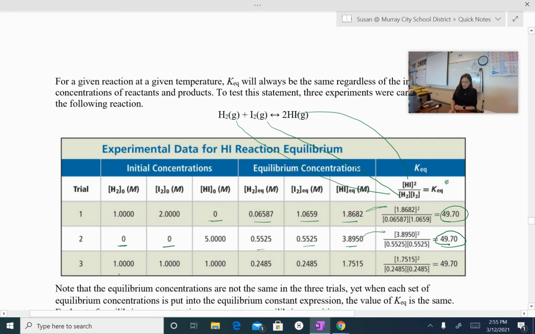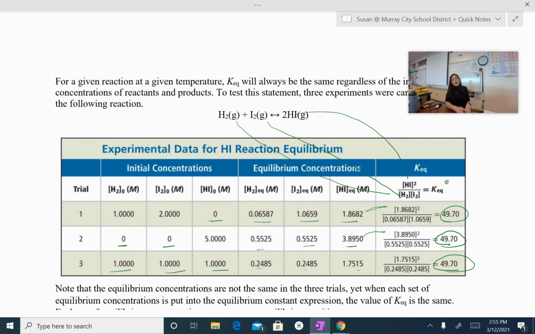And then here we start off with 1 mole of each per liter. We let it get to equilibrium, and once again, we come up with the same equilibrium constant. So notice that it doesn't matter where the equilibrium starts from, our initial concentrations. Once we reach equilibrium, we will always get the same equilibrium constant.